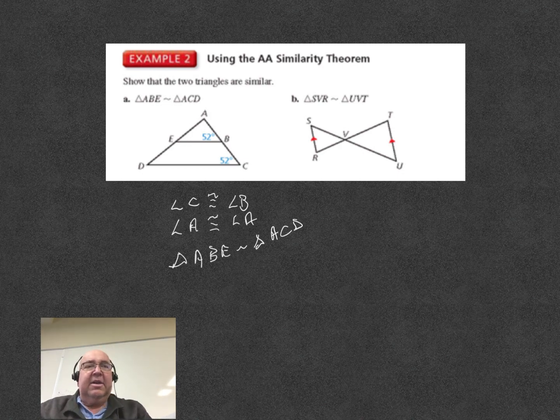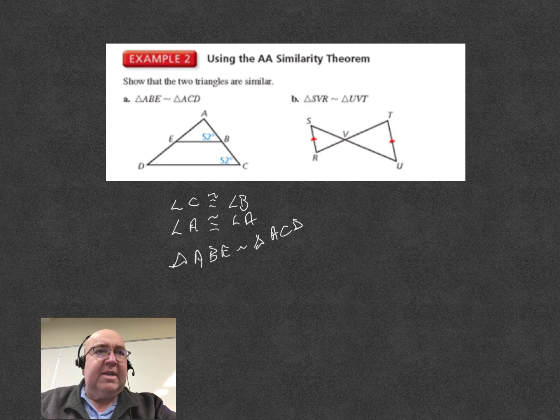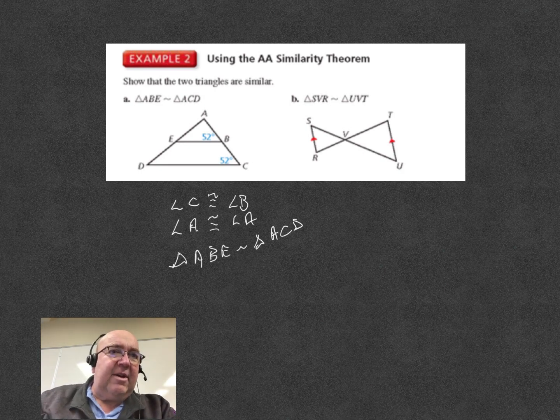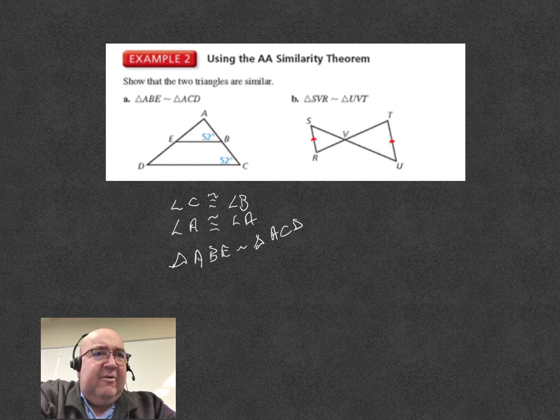Looking at the next problem, we want to prove that triangle SVR is similar to UVT. We see that we have parallel lines by the red marks.